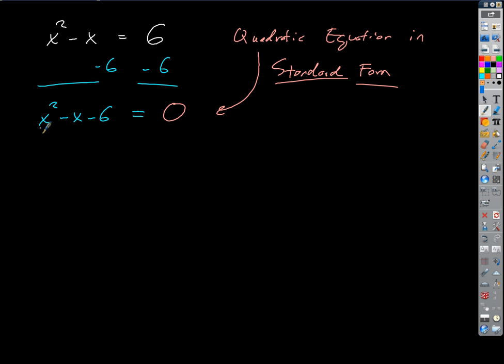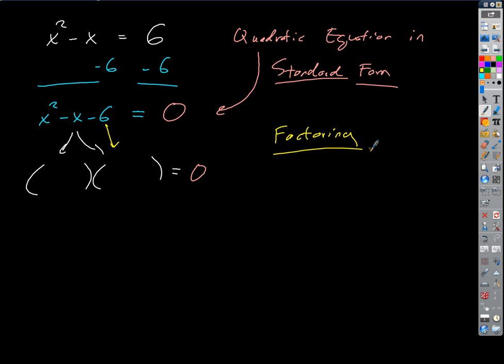We want to break this whole thing apart into a product of factors, and that product of factors is going to equal 0. Now that process, going from here down to there, what do you think we call that? We call this process factoring. Because we're breaking it apart into a product of factors.